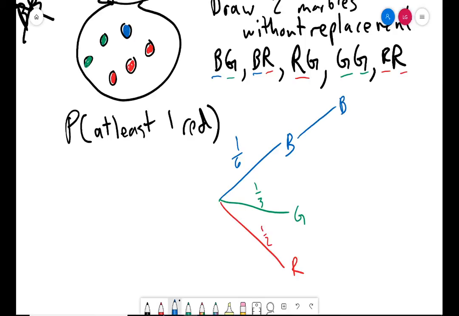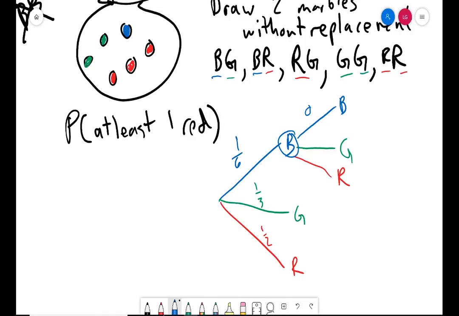It'll become clear right off the bat. If we look at the same possible outcomes of drawing our second marble, well, in this scenario we've already drawn a blue. So the odds we draw another blue are 0.